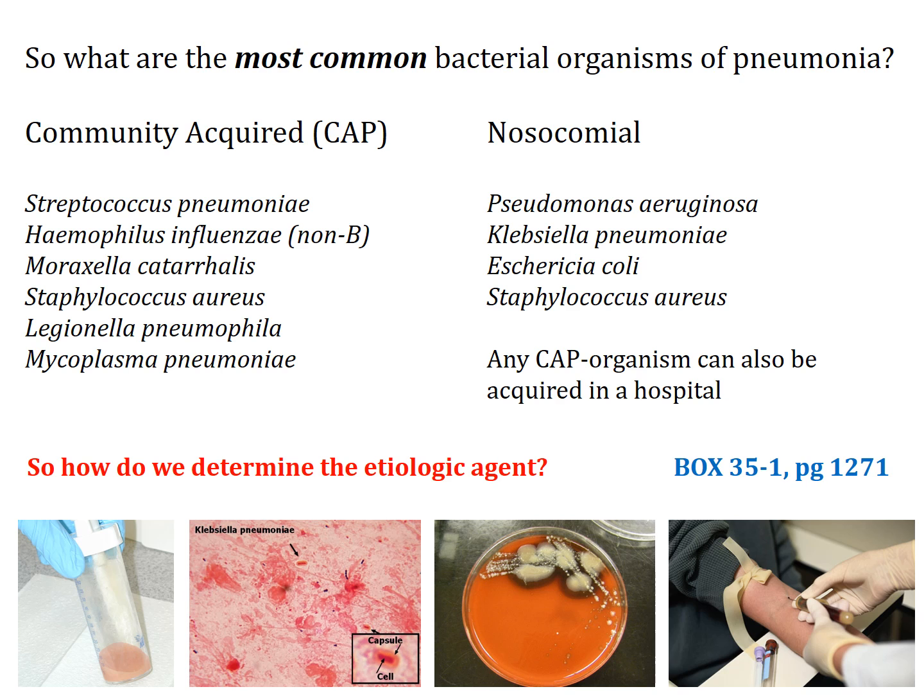Nosocomial. So any CAP organism can also be acquired in a hospital, but gram-negative bugs like Pseudomonas, Klebsiella, Escherichia coli, and specifically MRSA, Staph aureus, those are far more risky in terms of acquiring it in the hospital versus acquiring it in the community.